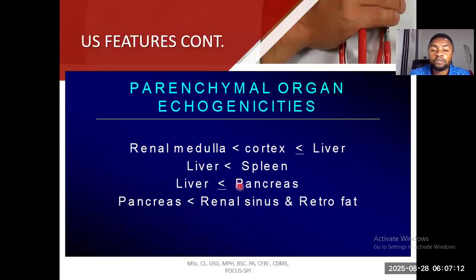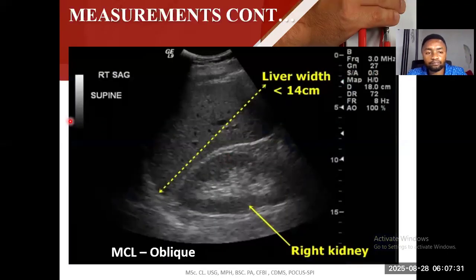Okay. So the renal medulla, we are talking about echogenicities, the parenchymal organ echogenicities. So we are comparing the liver, the spleen, and the pancreas, and even the kidneys. So let's see something. The renal medulla, which is here, the medulla is this part.